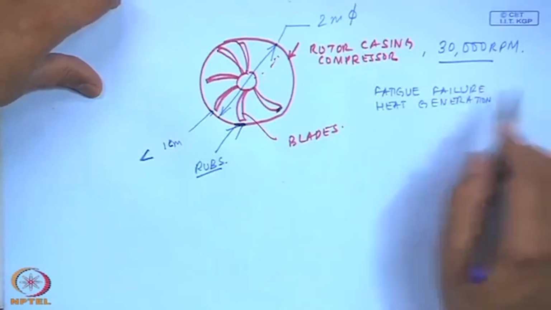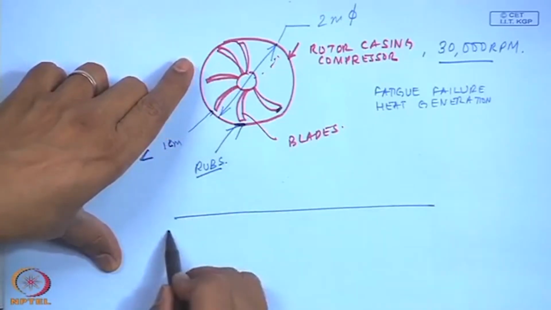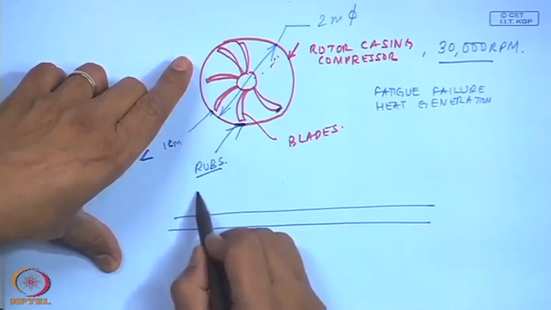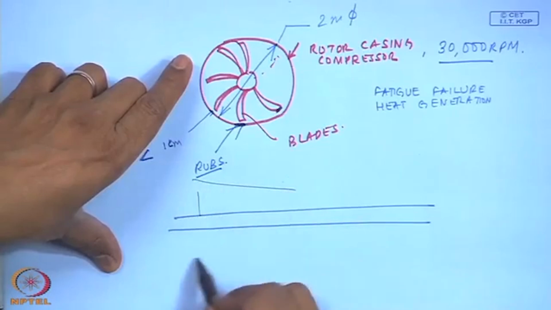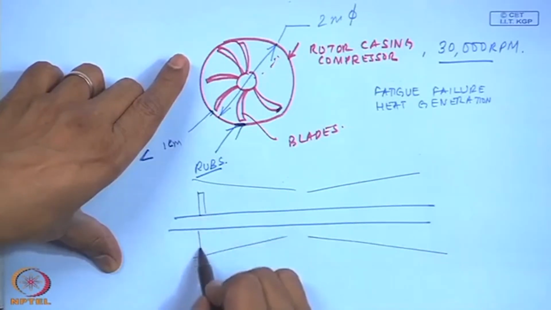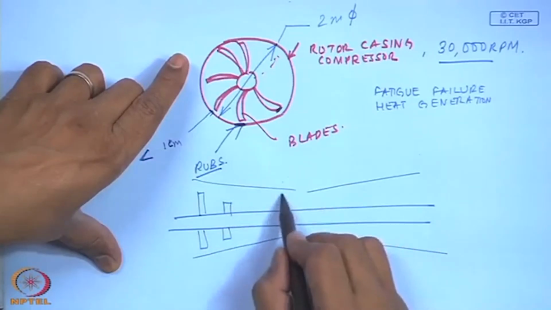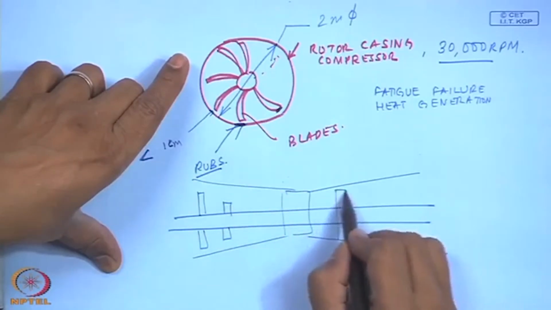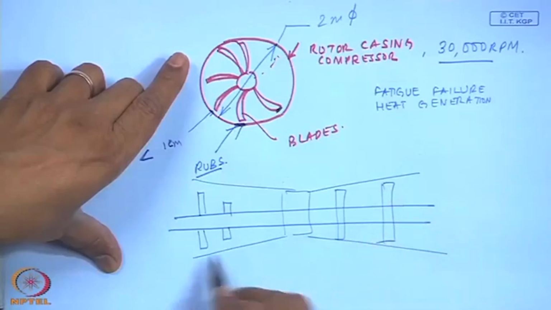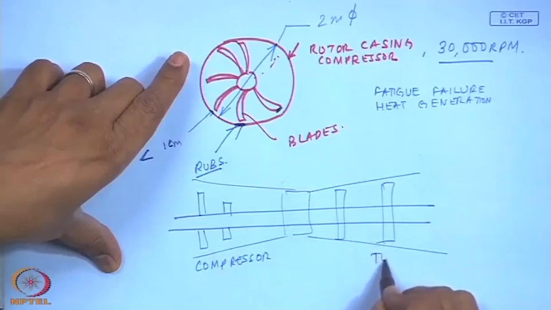And this could be because of my bearings which are supporting the long shaft, because in an aircraft engine there is a series of blades, the low pressure compressor, the high pressure compressor, etc., the combustor, and then the turbines. Of course, it works on the principle of the Brayton cycle, particularly the gas turbines.